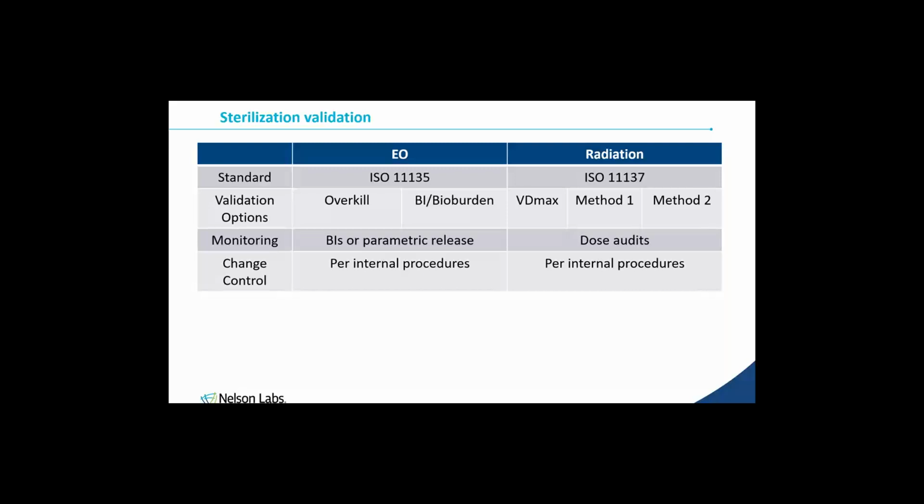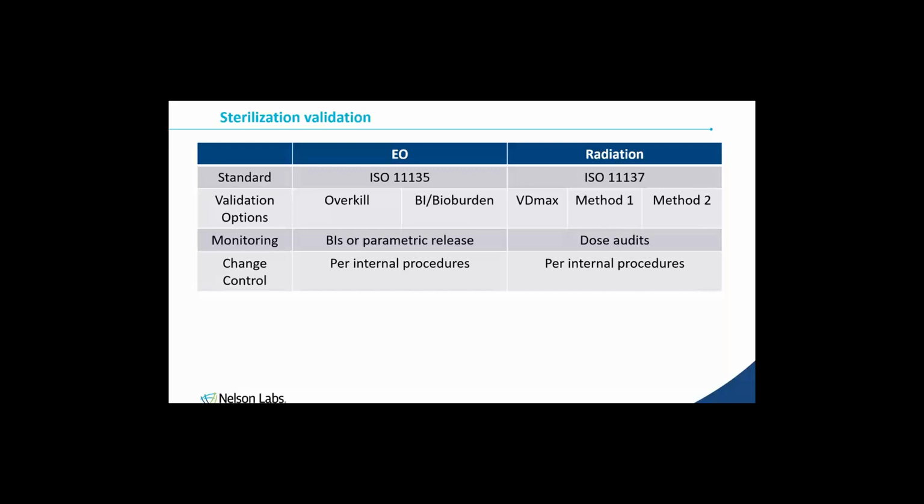And then once we've completed that validation step, our monitoring is going to be prescribed by that set ISO standard. So for EO, that's going to be our biological indicator, our PCD testing, things of that nature, where we're doing our release or our parametric release parameters.